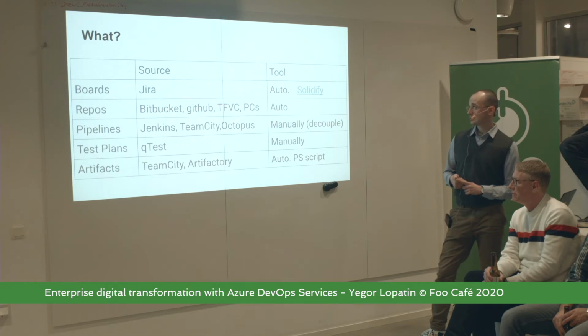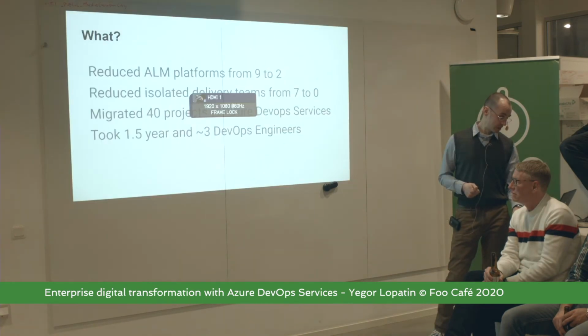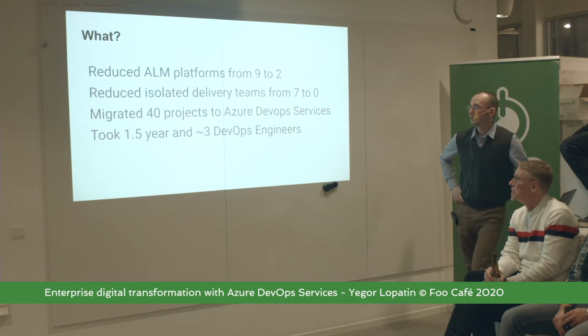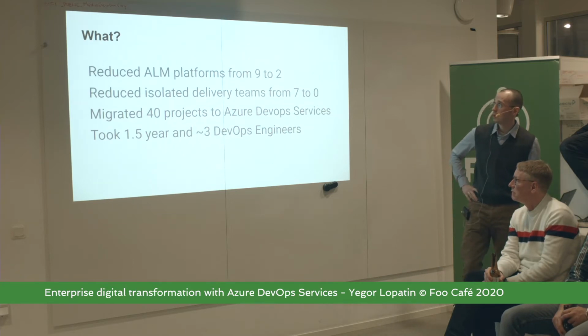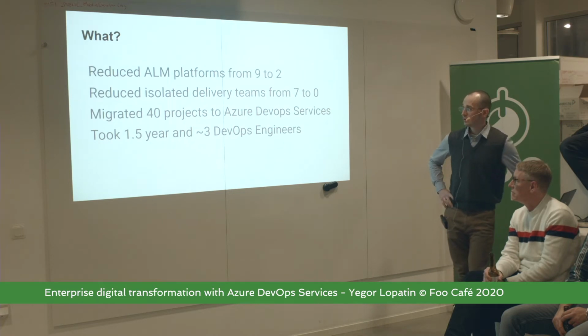So, and how was it done? Yes, that's about the digits. The idea was to reduce the platforms because we could not live with 9 different platforms, taking into account that the same people had to use them as source code, boards and deployment tools.